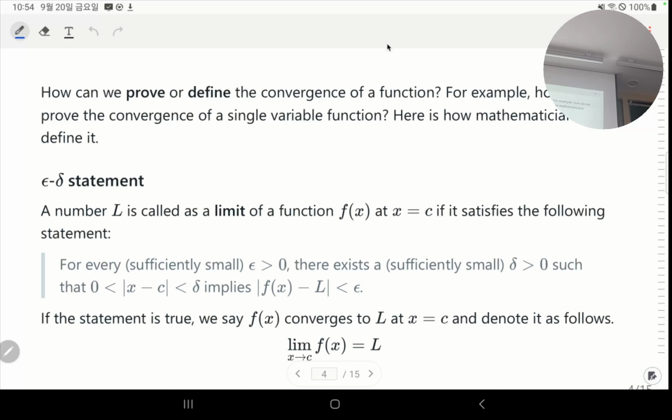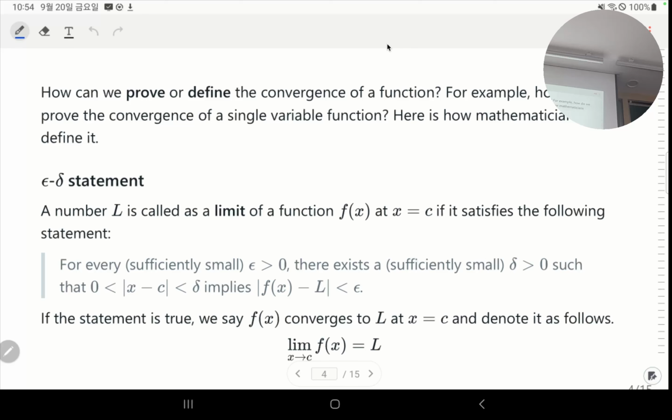This is a very technical statement, which only mathematicians or math majors will require. But what you need to understand is the meaning of this epsilon delta statement. It's very simple.